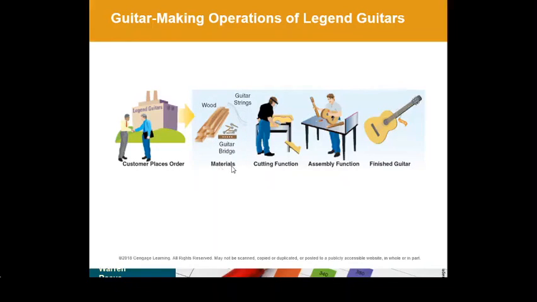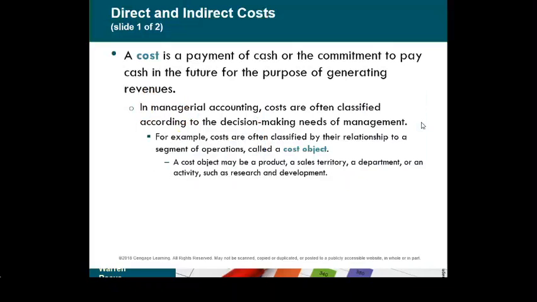After that, the material department will send them to the cutting department for the cutting employee to process the wood just now to make the shape of the guitar. And then the cutting employee will send it to the assembly department, whereby the assembly worker will assemble all those materials that have been sent from the materials department to produce a finished good, which is a finished guitar. So basically, this is the flow of manufacturing a guitar.